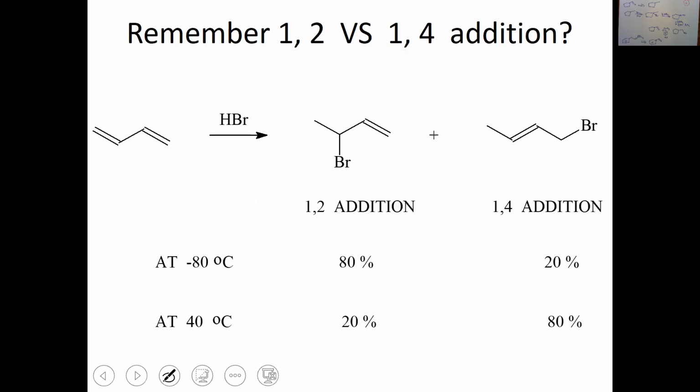Even if you were trying to control equivalence, you're always going to get 2 products, but you can control how much percentage of one or the other you get based on time and temperature. We called one of these the kinetic product, and we called one of these the thermodynamic product. Do you remember who's who?